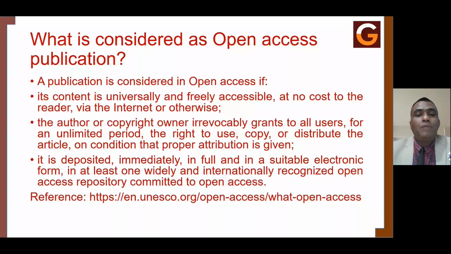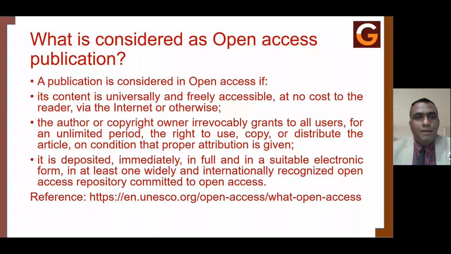But the platforms, including the journals or the publisher, will have an option where you can choose which papers are under open access and which papers are under closed access. So you as a researcher can easily select this option and read, download, and use the papers which are published under open access. I hope all of you now understood what is considered an open access publication.